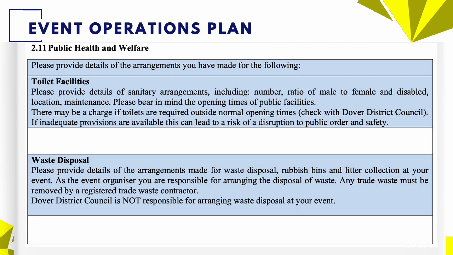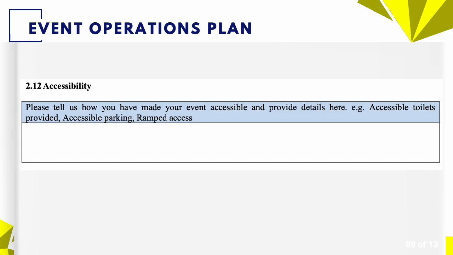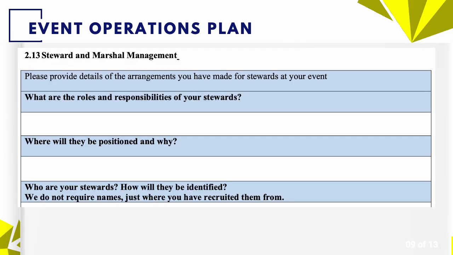And we also have the public health and welfare, the toilet facilities, the waste disposal, the noise management, and then we have accessibility. So are the toilets accessible, is the parking accessible, the ramped access, and so on.